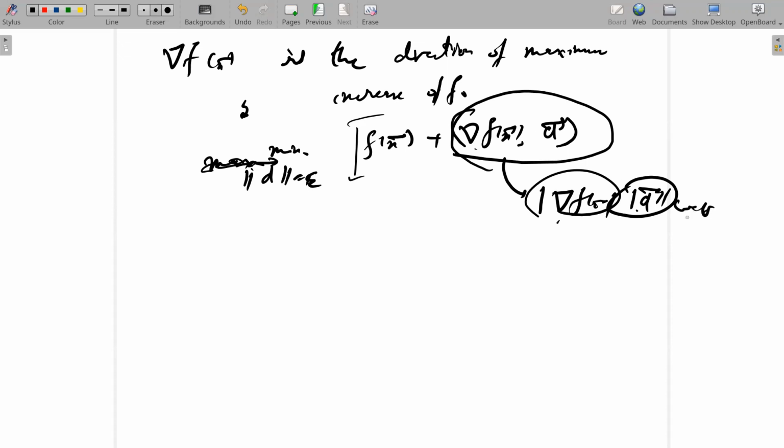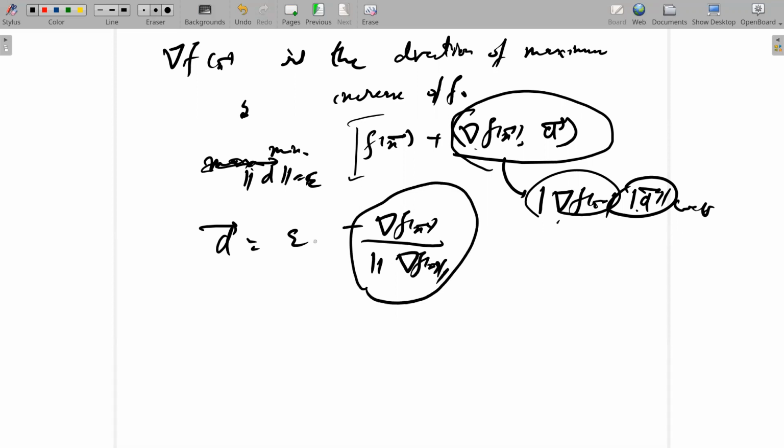So if I make the angle pi, like 180 degrees, this quantity will be minimized. So I have to choose d to be equal to epsilon times minus grad f x divided by the norm of grad f x. This is making it a unit vector, and epsilon is the norm of d.